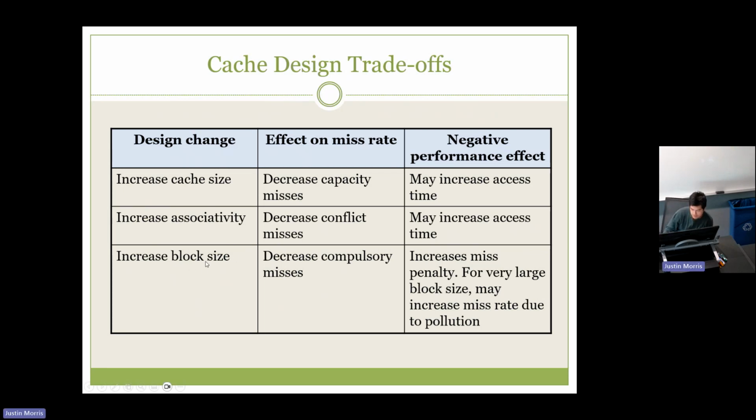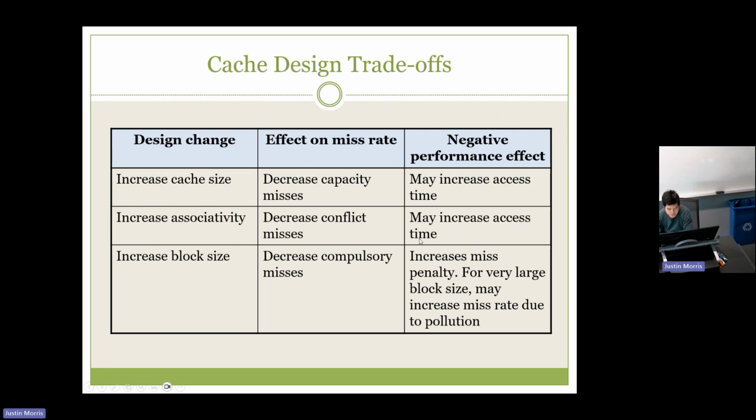Increasing block size. So this is going to decrease compulsory misses, right? Because when I grab a block, my block size is larger, so I'm pulling more data into my cache.